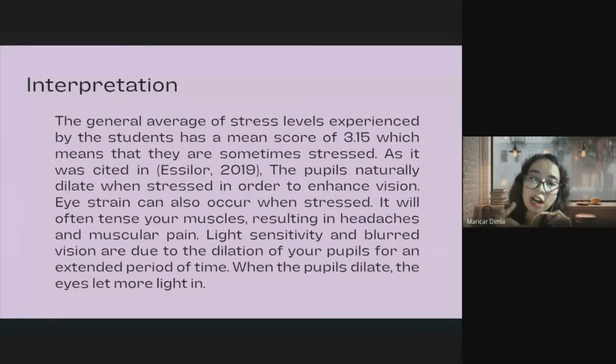Which among your RL and RS could address that there is really a potential that the student will feel stress because of the exposure to online learning, something like that. Ganon.